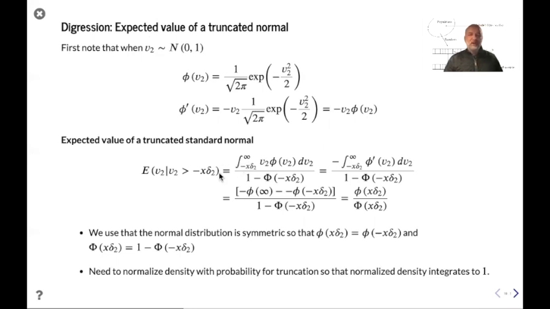So basically, we take the mean of that truncated density, which has this, and again, to condition on it, we divide by the probability that this selection is taking place.